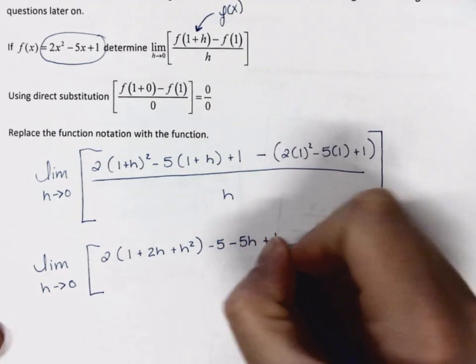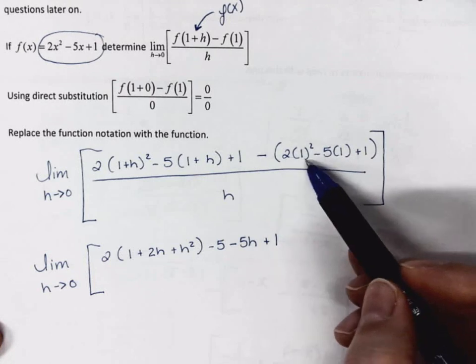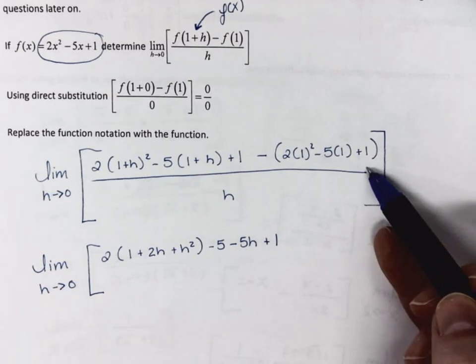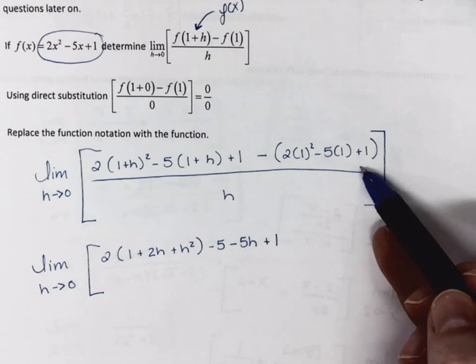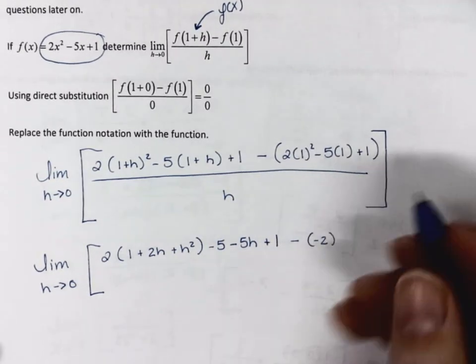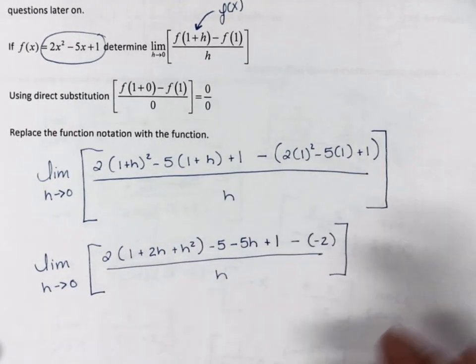Plus 1. And now we're dealing with this at the back here. So 2 minus 5 is negative 3. Negative 3 plus 1 is negative 2. So we have a subtract negative 2 all over h.